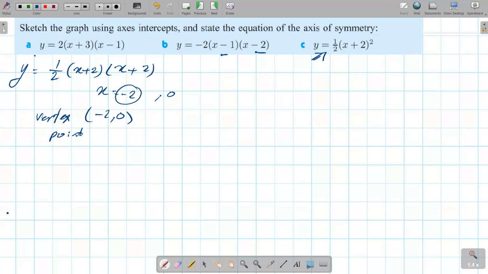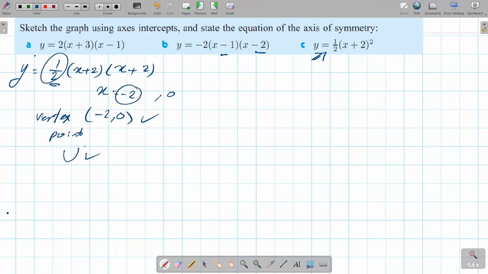And this equation should be concave up because the coefficient for x squared is positive, not negative, right? Then it should be concave up. We have the vertex point, which is the evidence that the parabola should be concave up.